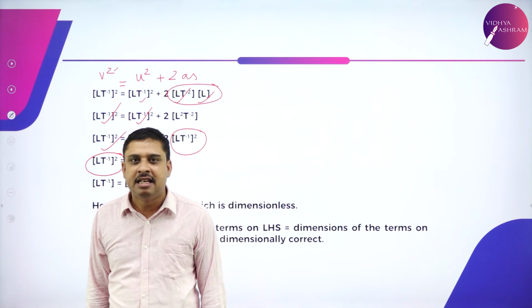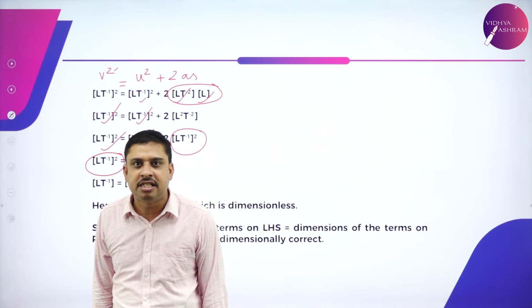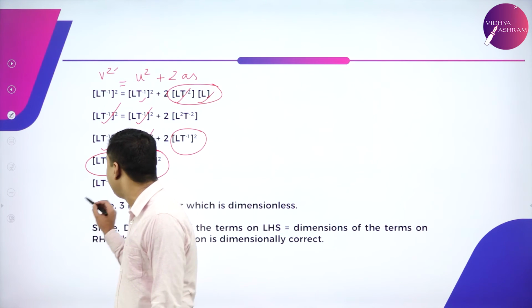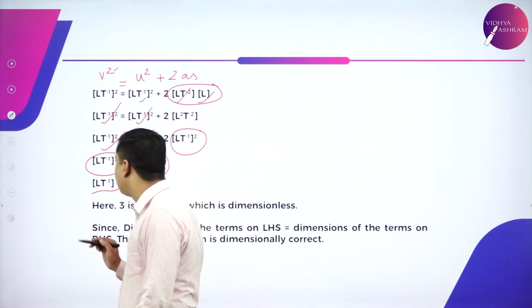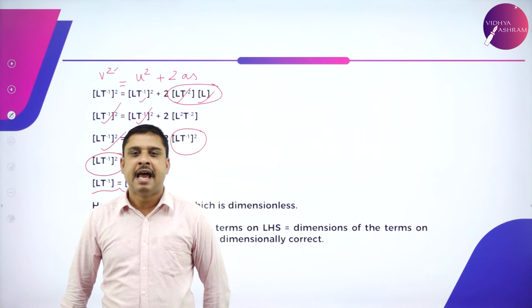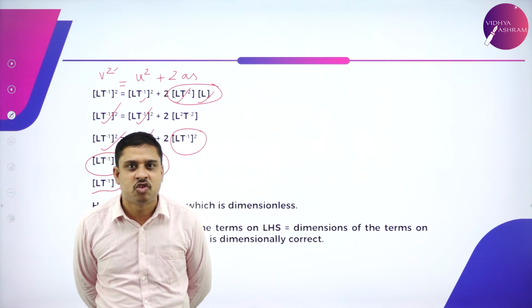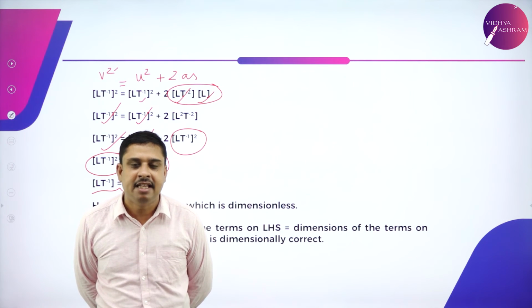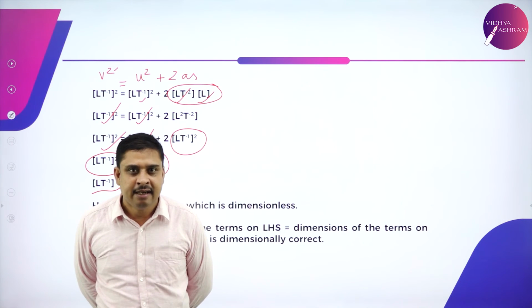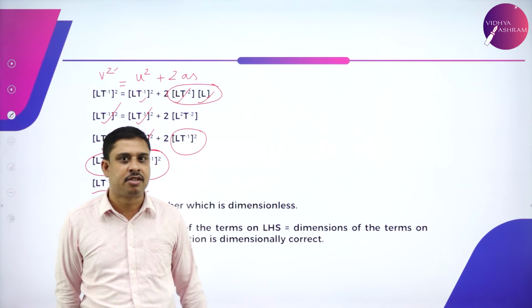Again 3 is a dimensionless quantity. So again if you observe, the terms on both sides have the same dimensions. So again the given equation is dimensionally correct.